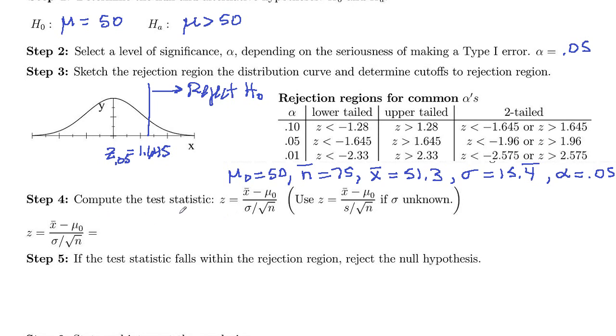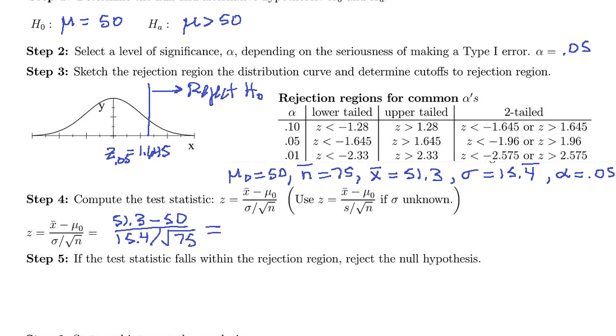Next, we compute our test statistic. Here's the formula for the test statistic. Our sample mean was 51.3 minus 50, what we're testing against. Standard deviation was 15.4, and dividing by square root 75.